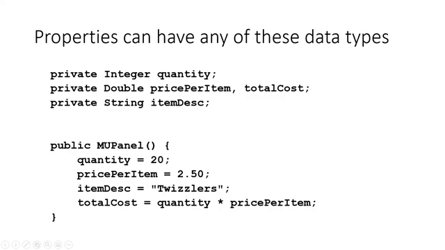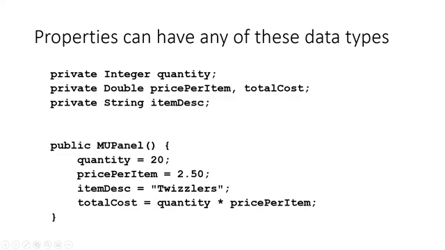Okay. Now, properties that we use in a program can have any of these data types. So I've declared 4 properties here in this example. An integer called quantity, 2 doubles, price per item and total cost, and a string called item description. All right. And then in the MU panel, we could use this assignment statement to store specific values in the properties.